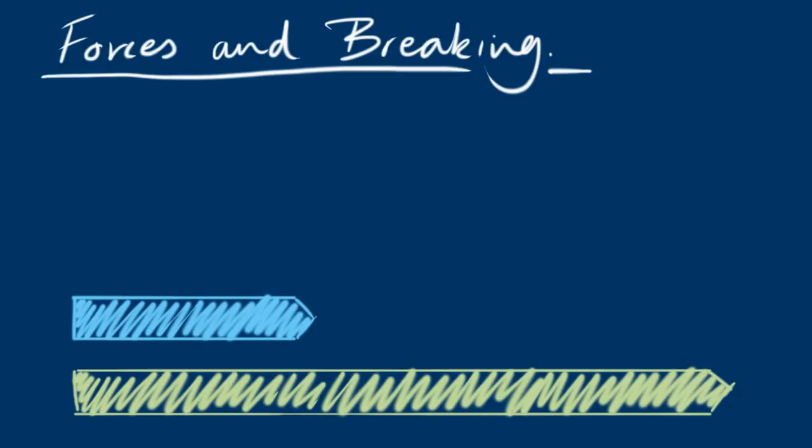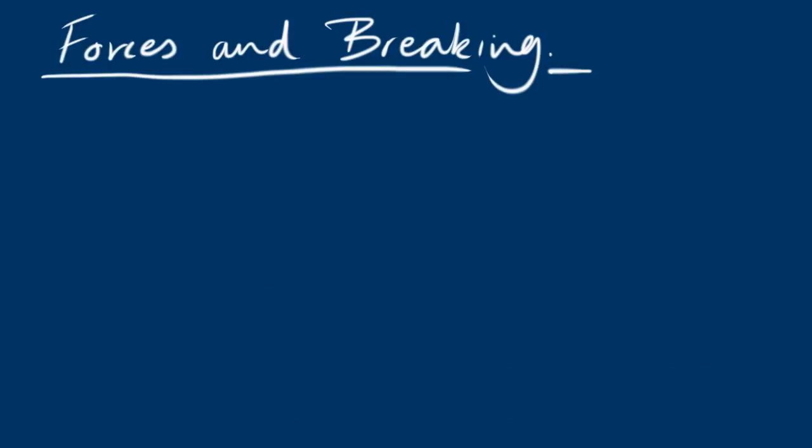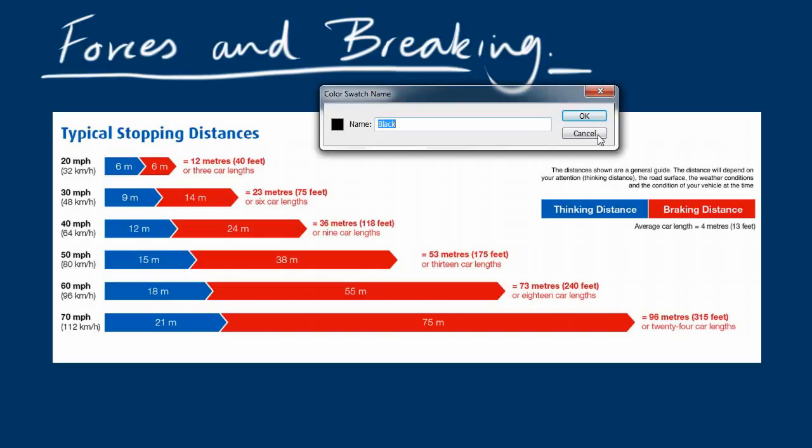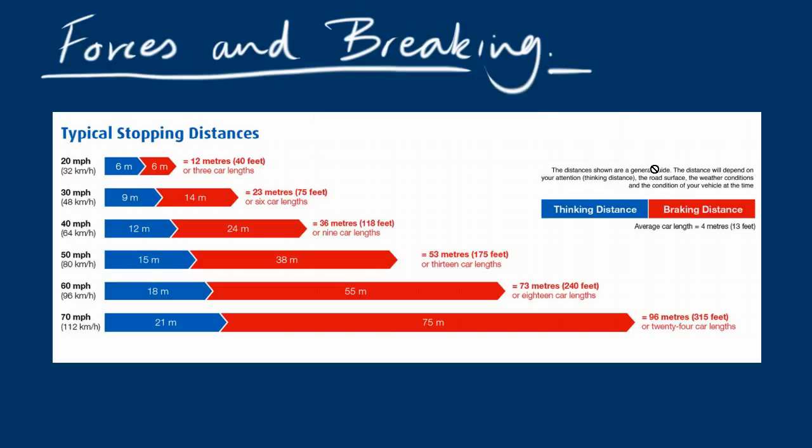Lastly, I want to show you how speed affects stopping distance as well. This picture is directly quoted from the Highway Code. You can see that the faster you go, the longer distance it takes for the car to stop. It shows you clearly that that distance is made out of the thinking distance and the braking distance. The interesting thing is that the thinking distance increases linearly with speed.